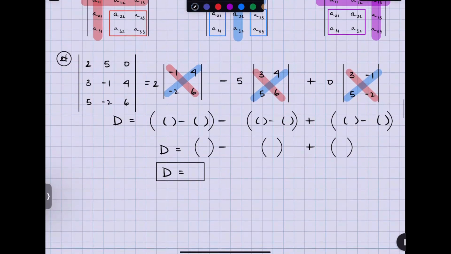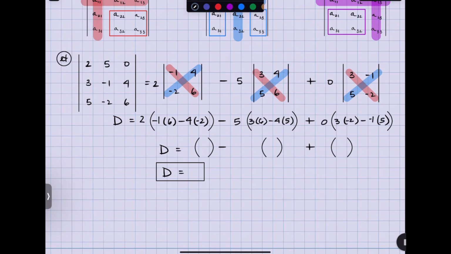So I should have 2. And this is negative 1 times 6 minus 4 times negative 2. 5 here. 3 times 6 minus 4 times 5. 0 times 3 times negative 2 minus negative 1 times 5.